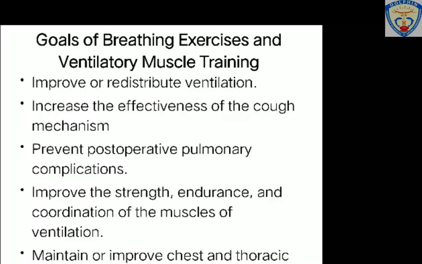Next, we are going to deal with goals of breathing exercises and ventilatory muscle training.